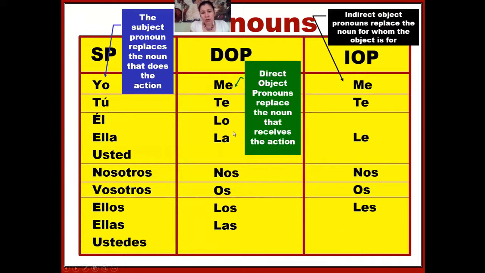So in the direct object it is lo, la, in the indirect object it is le. And in the direct object it is los, las for the plural, and les for the plural indirect object. And they correspond, ellos, los, las, and les, we know they refer to the third person plural, while the le refers to the third person singular, okay?